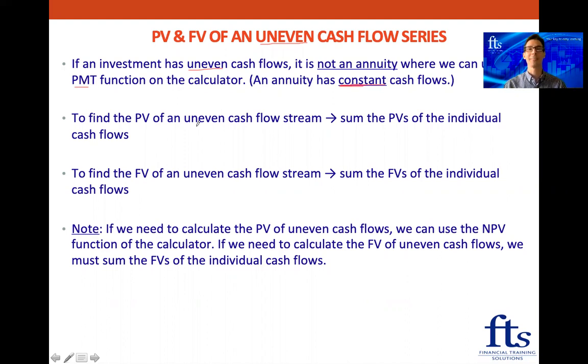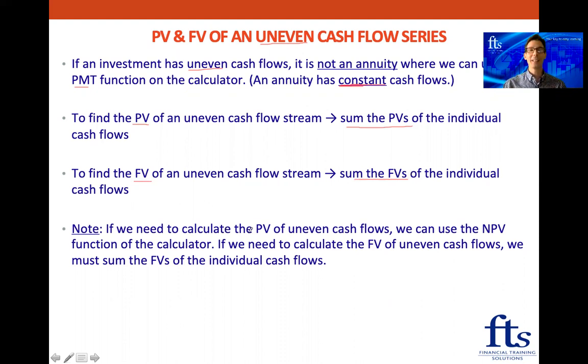So what do we need to do? To find the present value of an uneven cash flow stream, we've got to sum up the present values of all the individual cash flows. And to find the future value of an uneven cash flow stream, the same thing: we've got to sum the future values of all the individual cash flows. But here is a little bit of good news.